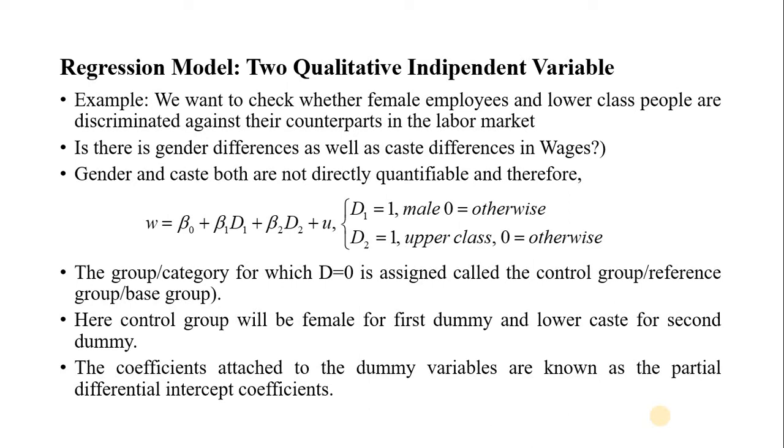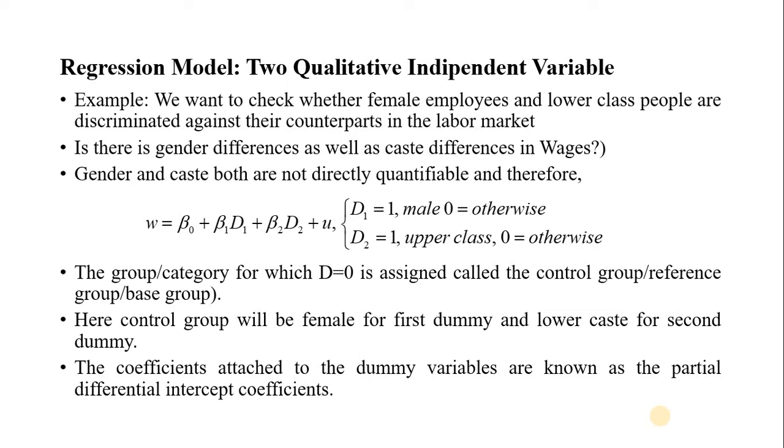Interpreting the dummy variable regression model is not like the general regression model. Here we have beta 0 and beta 1, and beta 0 is the intercept, which is the average value of a particular thing for the category to which you have assigned 0.